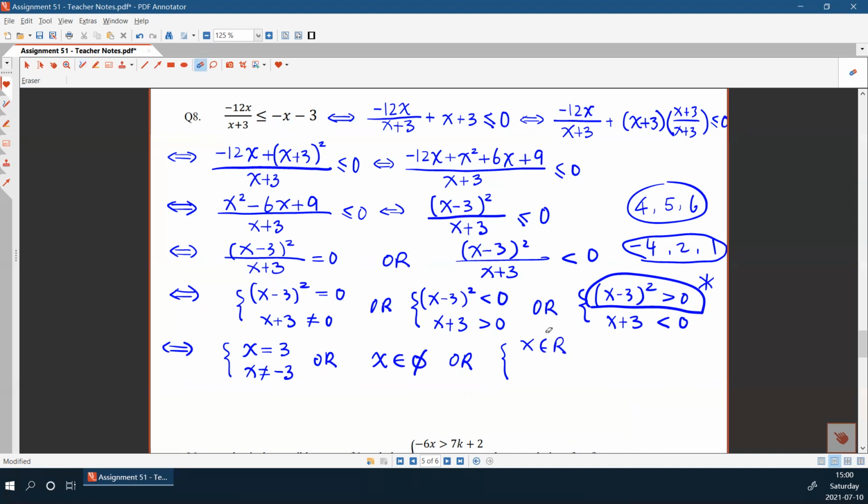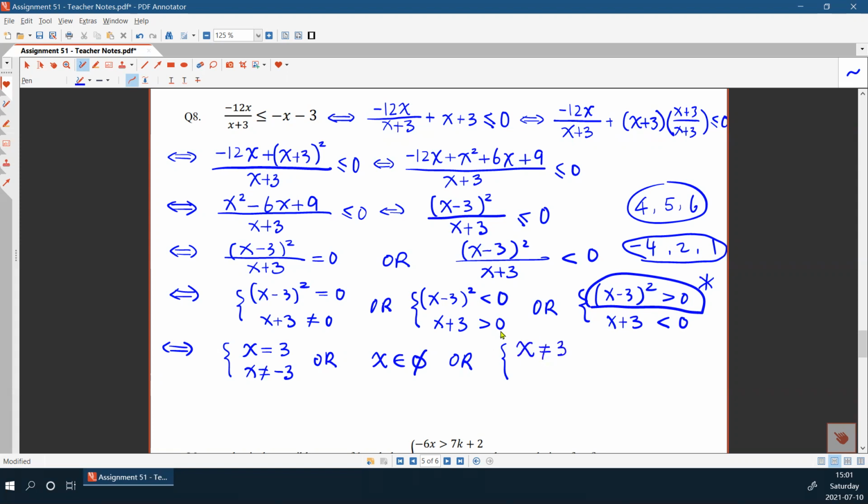I mean x, not x minus 3. So x, the only number x cannot be is 3, right? So the solution of the inequality must be x can be any number, but x cannot be 3, right?